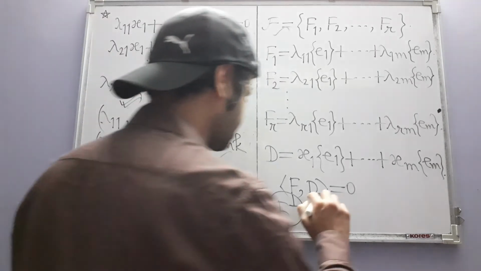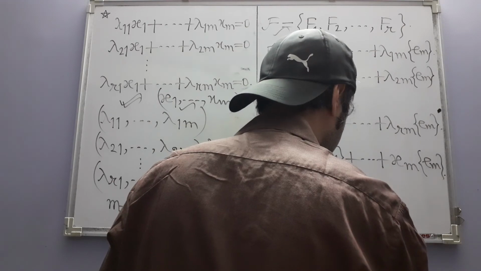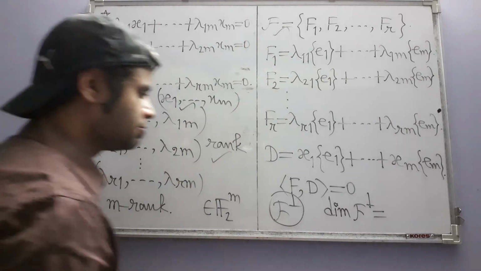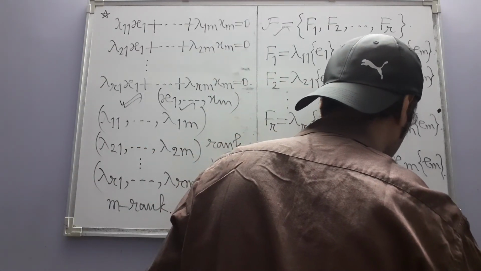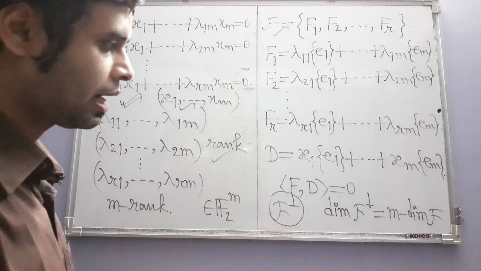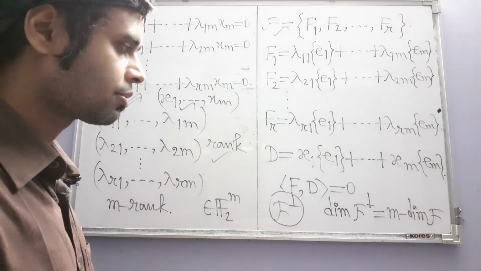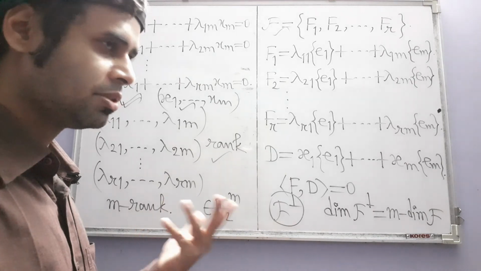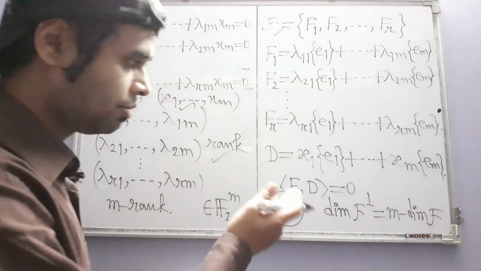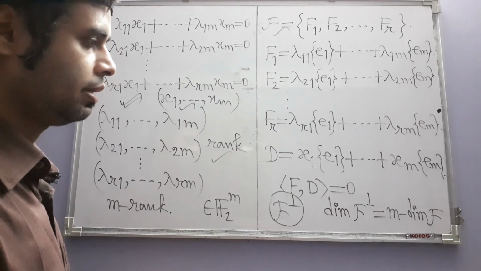So the dimension of F perpendicular is m minus rank, but rank is equal to the dimension of F. And that's how you have that relation: if you add the dimension of F and its perpendicular, I think it's called perpendicular complement, I may be saying the term wrong, then you get the dimension of the entire H space.